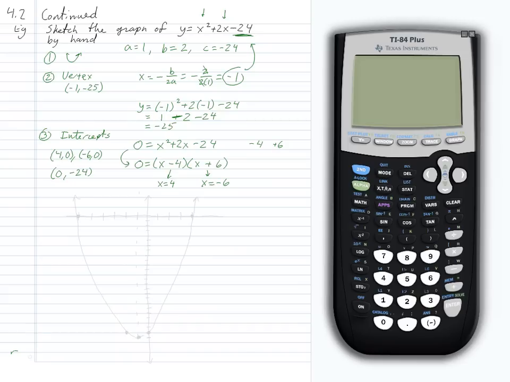Alright, well that should be enough for us to graph, so let's put that all together. Got a pretty extreme graph. We want to be able to see down as low as negative 25. And this will obviously look much better if you're doing it on graph paper, but we'll do our best.